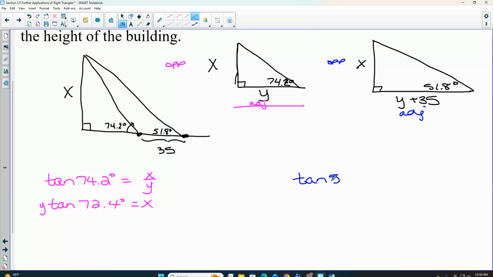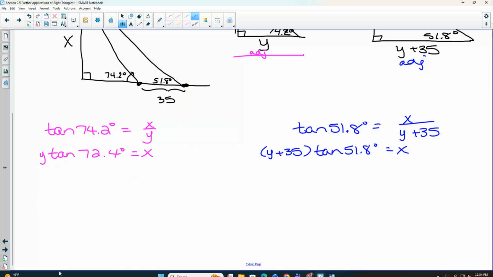So the tangent of 51.8 degrees equals x over y plus 35. Okay, I still don't know x or y, so how is this helpful?